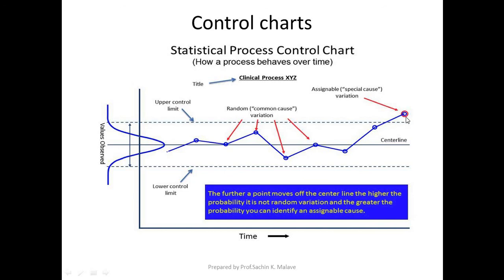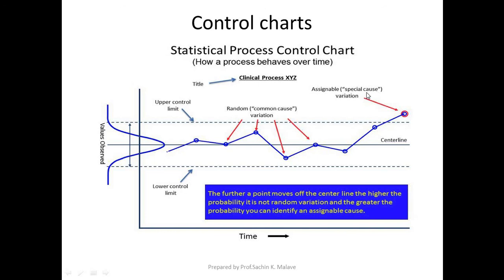But if the variation in the process is because of an assignable cause, here you have to take corrective action. For the variation from here to here, you don't have to take any corrective action because it is acceptable. But here you have to take corrective action because this variation is because of an assignable cause, or what is called a special cause.